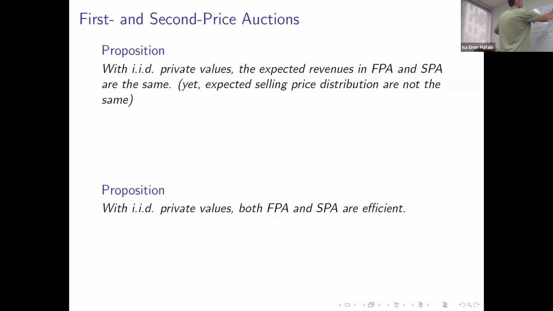So therefore, this is n minus 1 times F of y to the power n minus 2 times small f of y. Now let us match all of them together. There is an n here, n here, n minus 1 here, n minus 1 here, F of y to the power n minus 2 here, F of y to the power n minus 2 here, small f of y here, small f of y here, y here, y here, 1 minus F of y here, 1 minus F of y here. So they are equal.